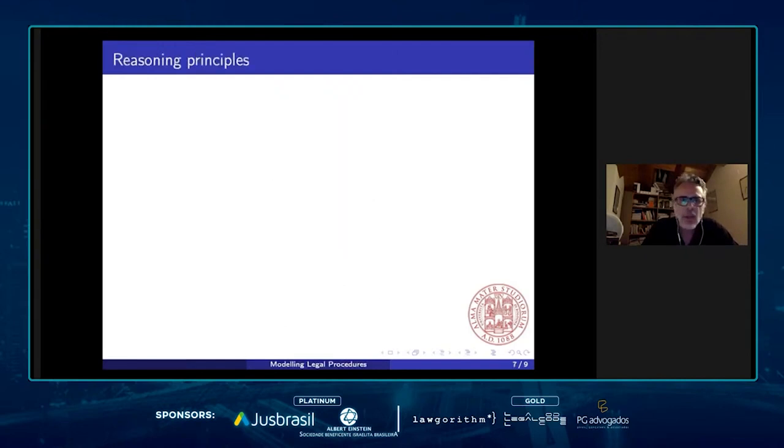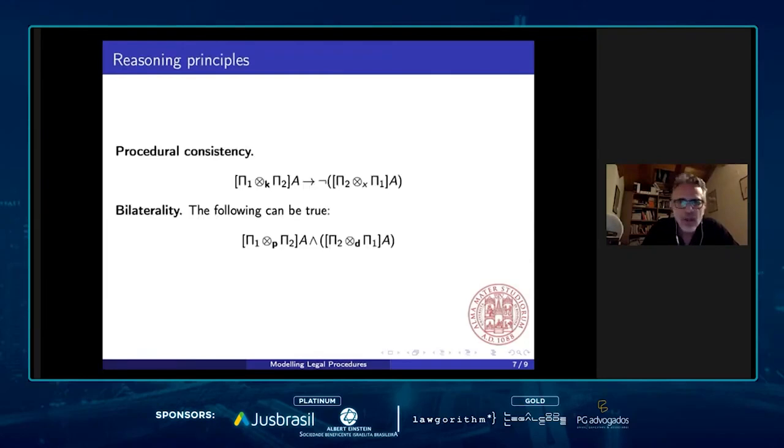You may have different preference orders, one for each agent. Then I will show you a couple of reasoning principles. For example, we impose a so-called procedural consistency. So it's not possible that if pi1 is preferred according to the court over pi2, and this brings about A, this implies that you cannot have the contrary preference ordering for any other agent, right?